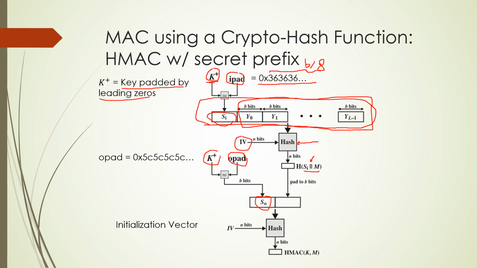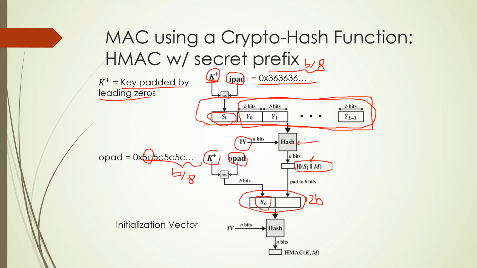So will be concatenated with the outcome of the hash, and it creates another input for the hash function. This one is 2 times B bits long, and OPAD is basically B over 8 repetitions of the 8 bits 5c. So it's like 5c, 5c, 5c, 5c.